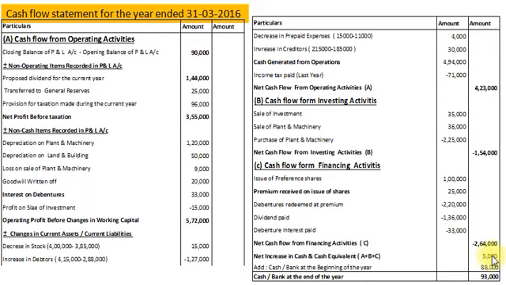To this 5,000 we will add opening cash and bank balance, that is at the beginning of the year from the balance sheet, rupees 88,000, and we get 93,000 as closing cash and bank balance at the end of the year. My dear students, these 93,000 should match with your cash and bank balance at the end of the year given in the balance sheet. And here is the end of the sum.